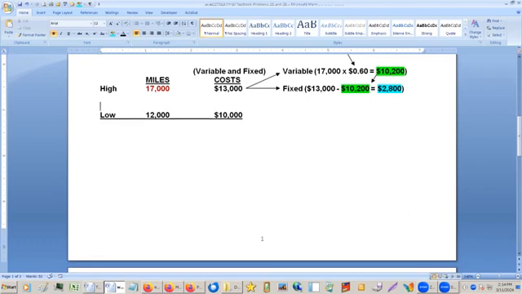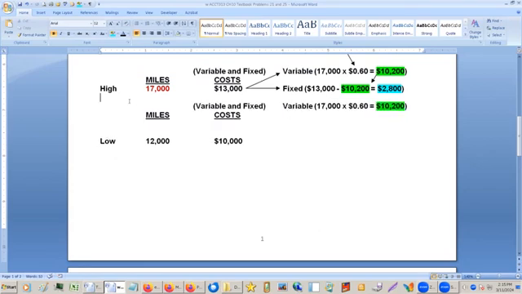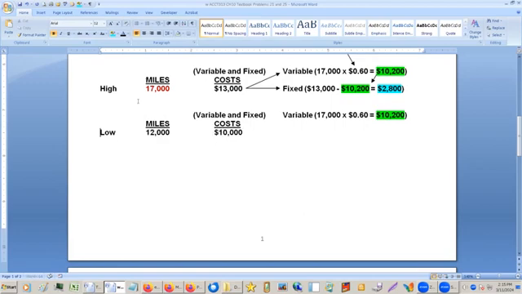And we do the same thing for the low. I don't need this to be underlined anymore. Okay, so on this one, the variable would be 12,000 times 60 equals 7,200.